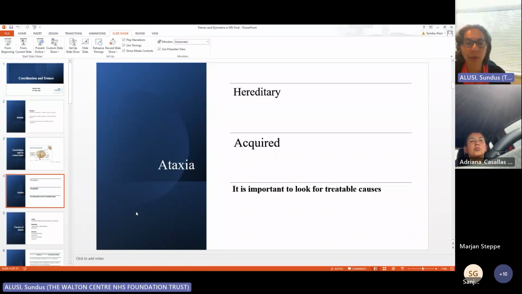So ataxia can be hereditary due to many genetic conditions or acquired, for example, multiple sclerosis. And we always try and look for the treatable causes of ataxia, for example, hypothyroidism, B12 deficiency, B1 deficiency, and all this.